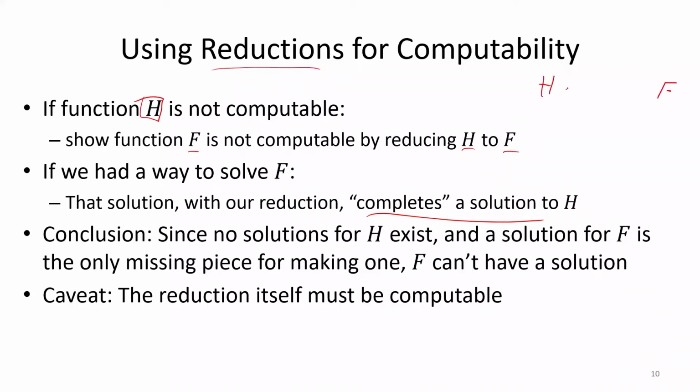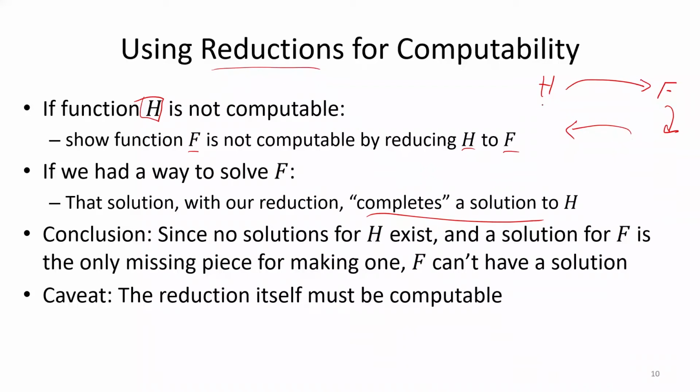So if we said, here's how I could take inputs from h and convert them to inputs from f, so that if I had outputs for f, I could get outputs from h, this is an incomplete algorithm for solving h. Which part is missing? Well, that was how to solve f. If I knew how to solve f, then I now have a complete solution for h.